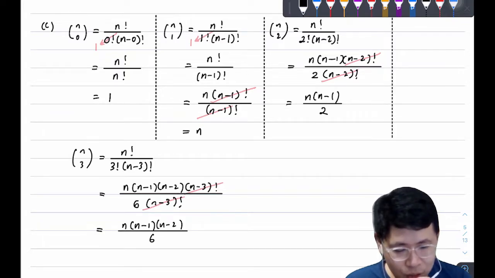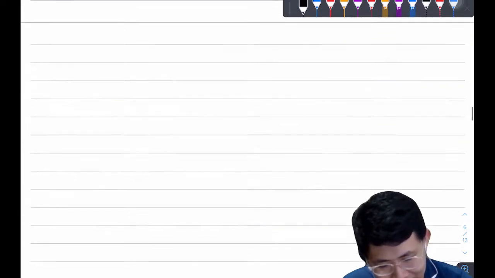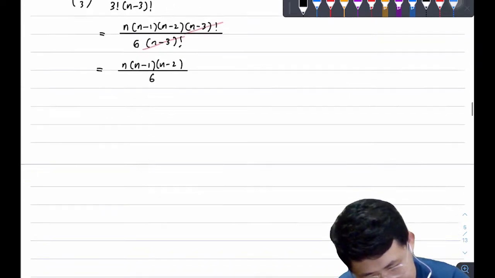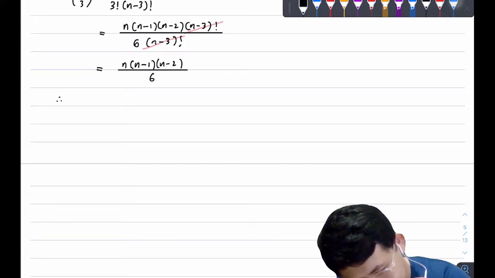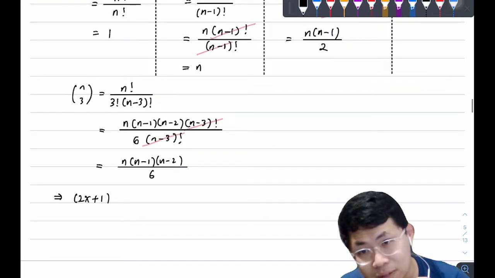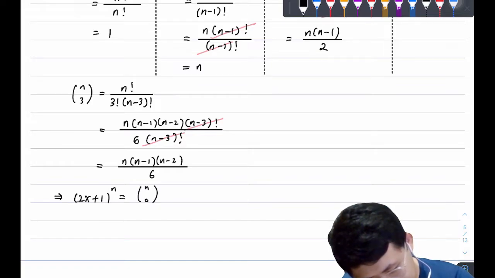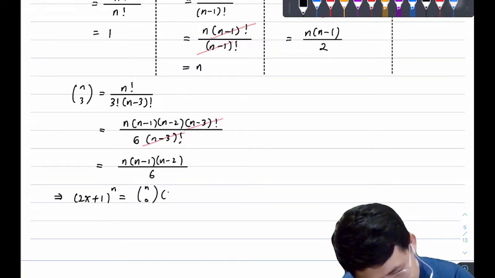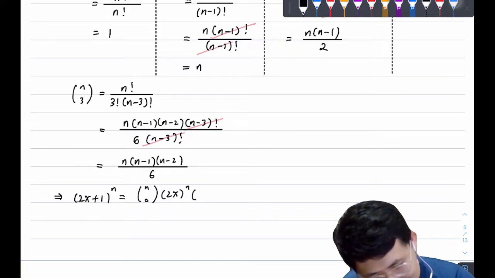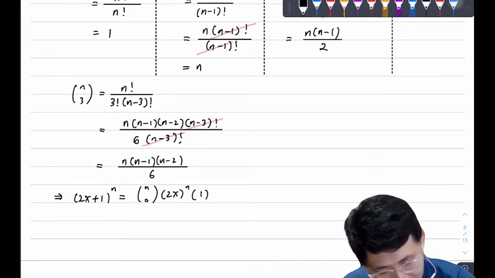So with all these results in mind, let us now get ready to expand 2x plus 1 to the power of n. So 2x plus 1, to the power of n. Over here, I will start with n choose 0, and then a, which is 2x, to the power of n, and b to the power of, sorry, n minus r, and b to the power of r.